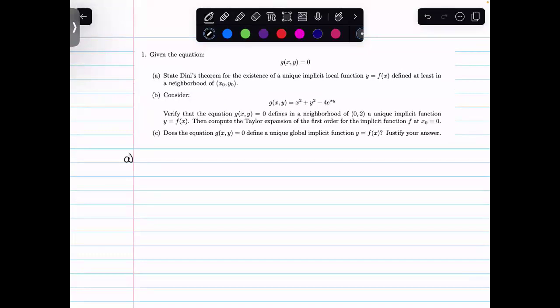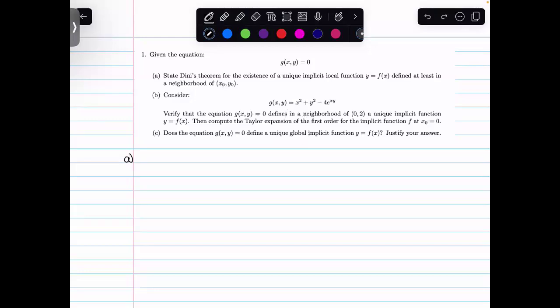And also, if they're mentioning Dini's theorem, which is used to determine if you have a unique implicit local function versus a global one, then I would expect that you probably have to apply it in part B. So notice how later they ask you first to consider if you have an implicit function in a neighborhood, so locally, and then globally.